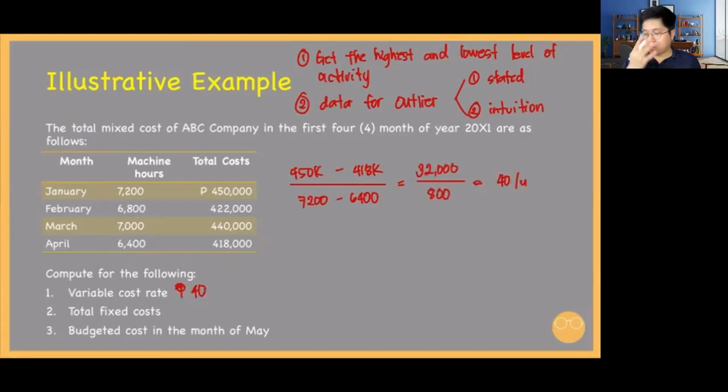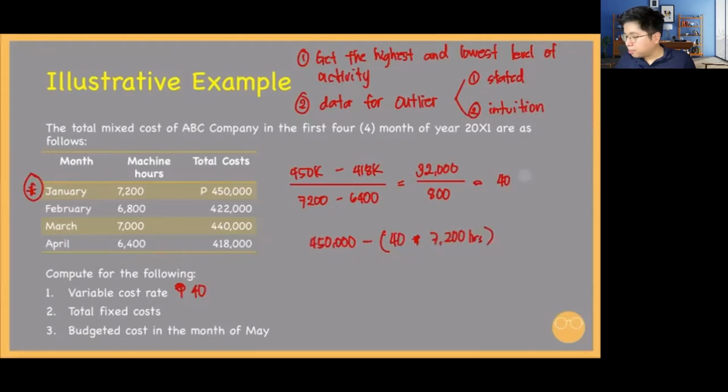Then let's go to the total fixed cost. Remember that the total fixed cost is the difference between the total cost less the total variable cost. So let's get here the highest level of activity. The total cost is 450,000 less the 40 variable cost rate multiplied by the 7,200 machine hours.